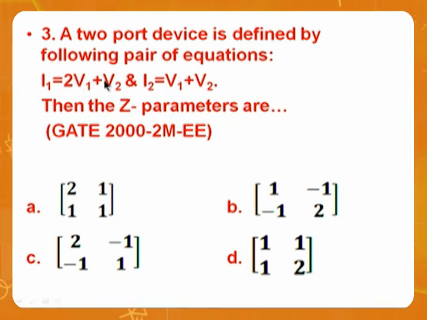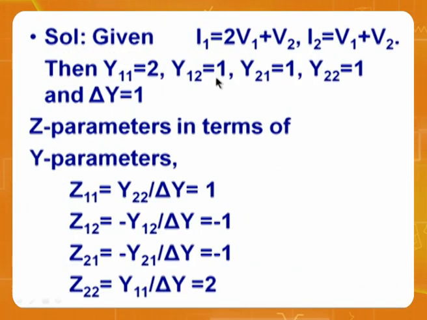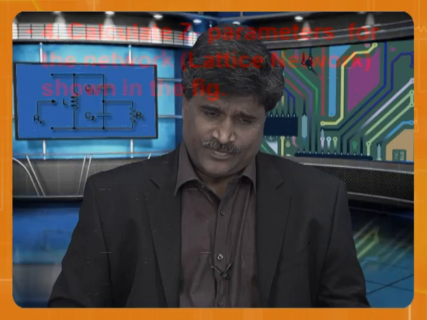So 2, 1, 1, 1 is the Y matrix. From this equation, you can have the Y matrix and find the delta, the determinant. Then you know Z11 is Y22 by delta Y, Z12 is minus, Z21 is minus, Z22 is Y11 by delta Y. By that, you can comfortably do this conversion. And therefore, among the options given, B is the option.